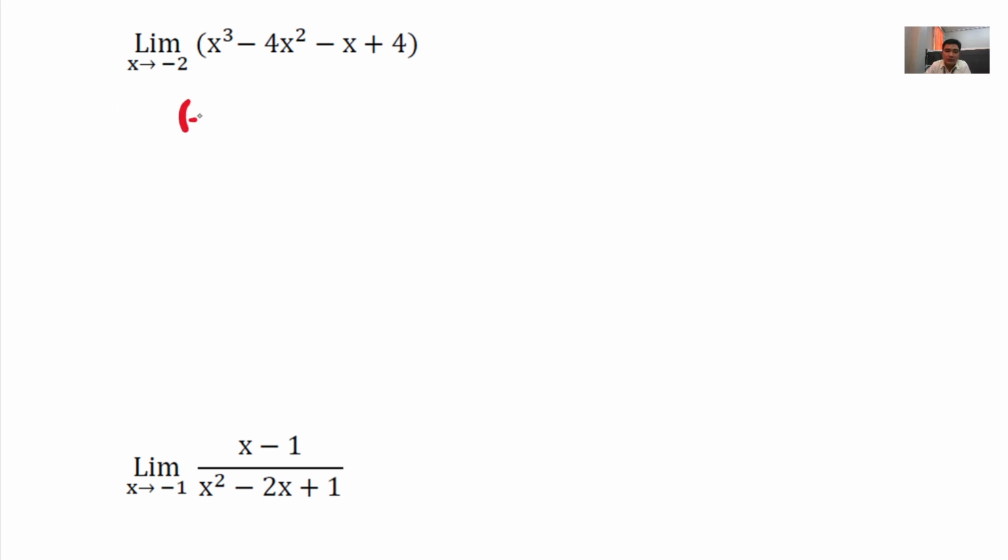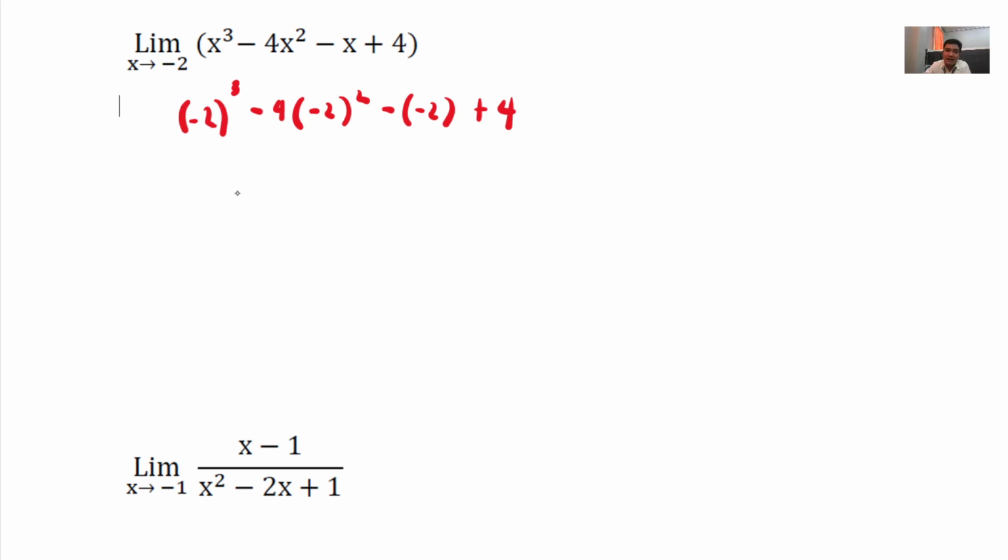So negative 2, we substitute the value of x: cube minus 4 times negative 2 squared minus negative 2 plus 4. By the way, that is negative 2. So you have to put yung brackets natin, yung parenthesis natin. So that is a quantity of negative 2 cubed.